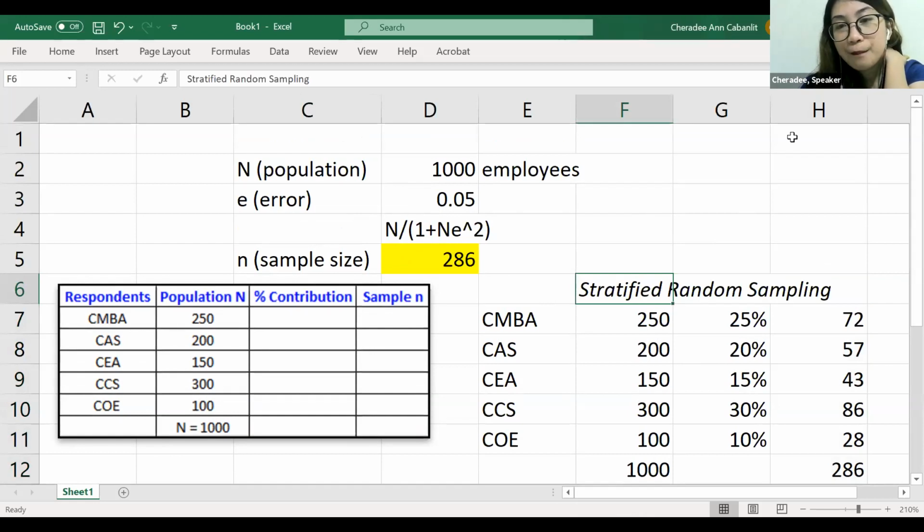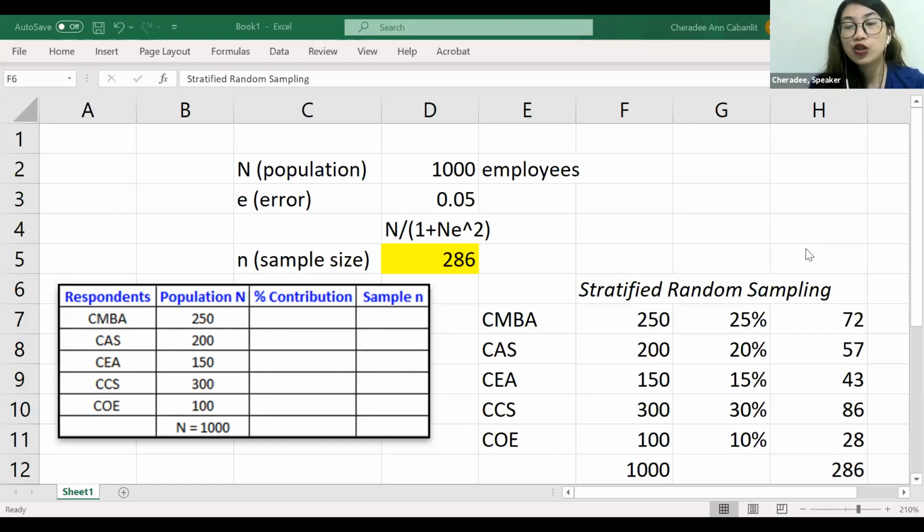Pareto is a different one because Pareto is identifying or prioritizing which among your data you are going to prioritize first in solving. Because usually Pareto is used for problems or complaints or defects.